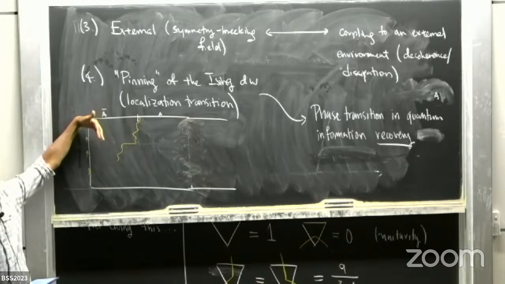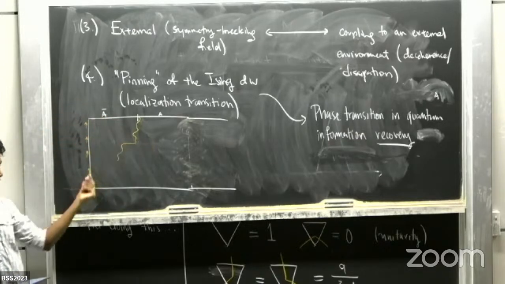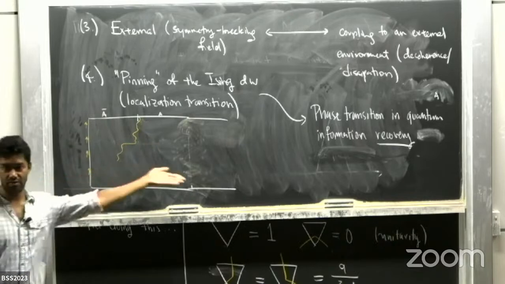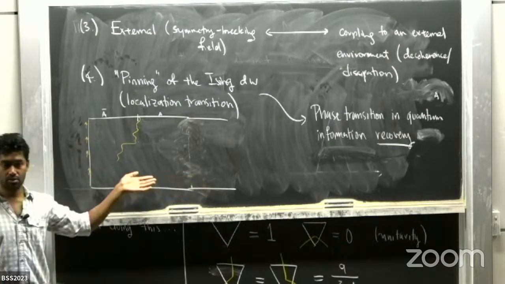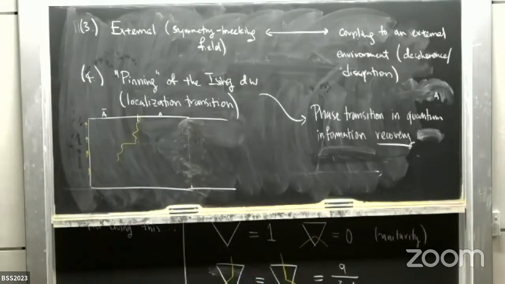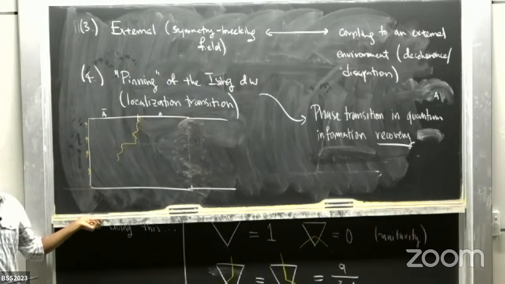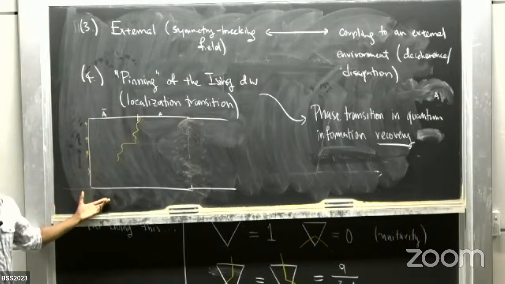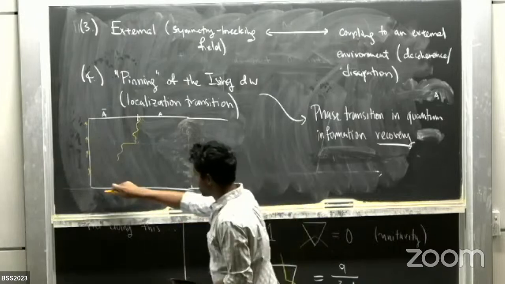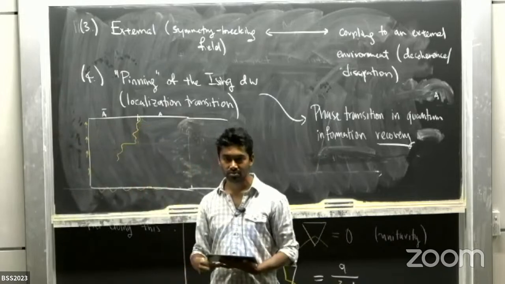But since the domain wall is directed, you can think of this problem as the imaginary time evolution of a quantum particle in the presence of a potential, but on a semi-infinite line, right? And there's a localization transition. We're all familiar with a particle on an infinite line with a delta function potential, and there you always form a bound state. But if you have a semi-infinite line, there's actually a threshold above which you form a bound state. So this phase transition is related to whether, if I encode an order 1 amount of quantum information in this system, it gets lost to the environment or stays within the system.